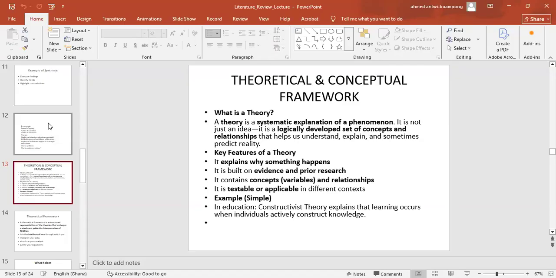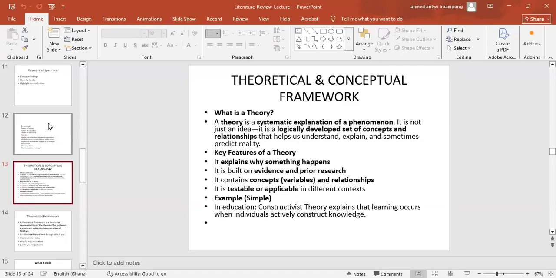Well, often we hear or see theoretical frameworks, theory and conceptual frameworks that are used within literature review in theses and so on and so forth. What are they? And what is their purpose?